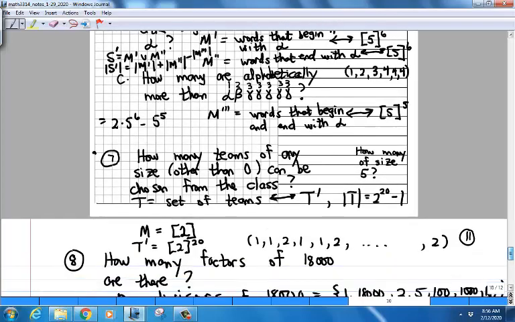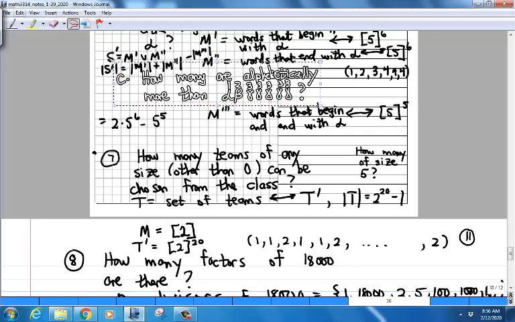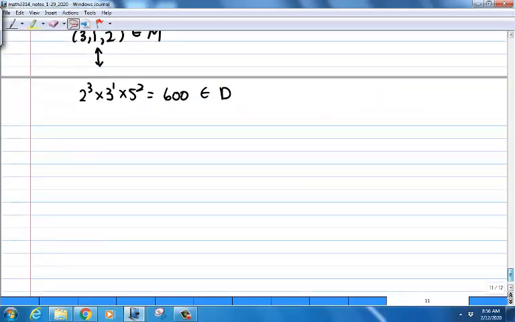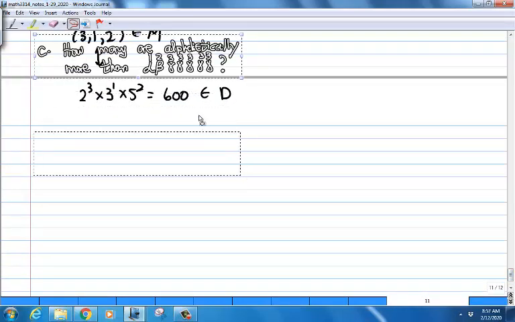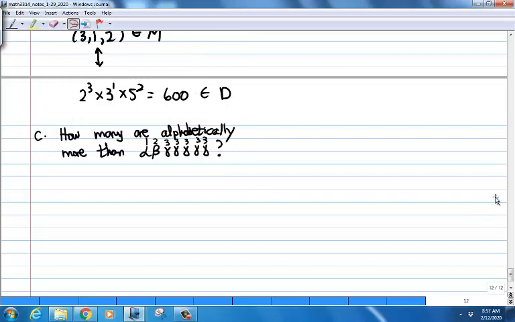All right, so let's come down here. Shall I see if I can just copy this question and bring it down to maybe answer that? All right, so there's the question we answered. Let's make up a name for the big set that we're trying to count. What do y'all want to call that set of words alphabetically more than this string?